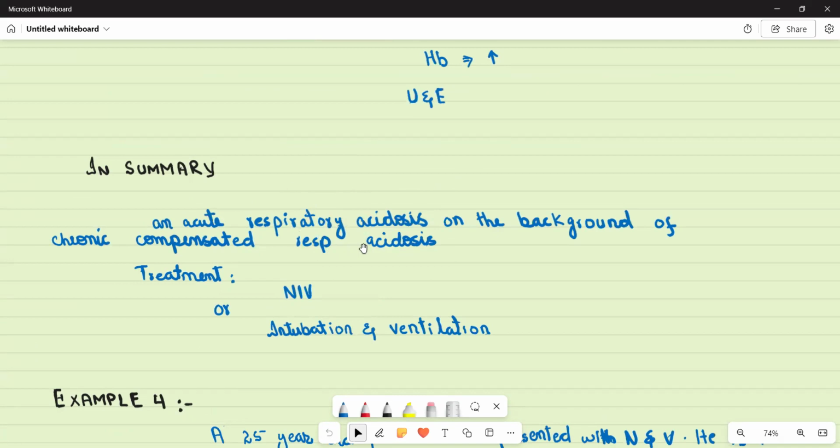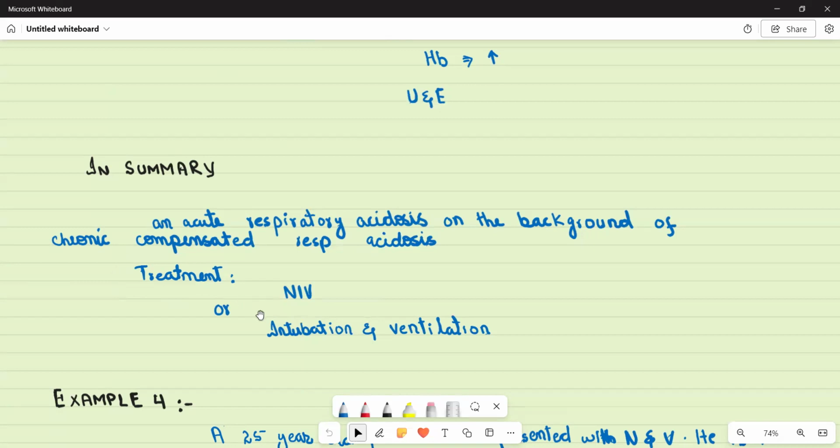He was not able to exhale CO2 normally, so he was retaining it, and the kidneys were producing much more bicarbonate to compensate for the effect of that elevated CO2. And this was giving a normal pH. So there was a compensated respiratory acidosis. But now there is acute respiratory arrest, which has added much more CO2 on top of chronic retention, and this has failed the compensatory mechanism, and now he is acidotic.